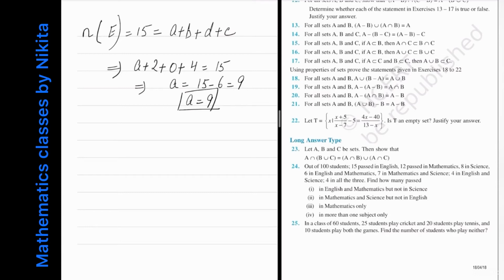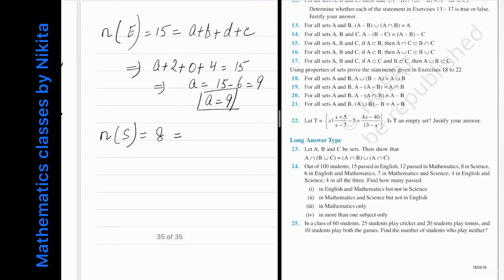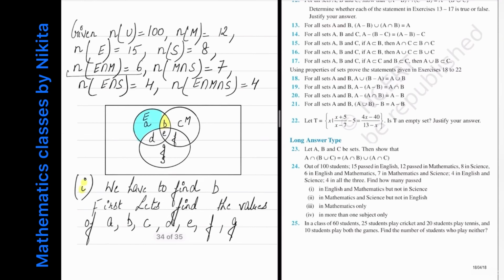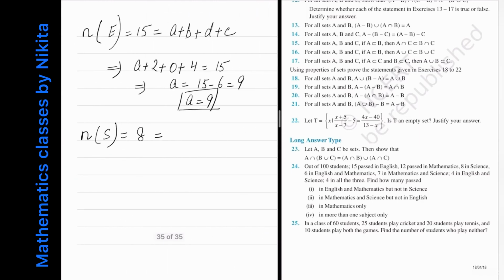Now next, we know that n of S is equal to 8. And from the diagram, what is n of S? Let me show you n of S. So n of S is this portion, this whole circle, and this is equal to D plus E plus F plus G. Now put the values.